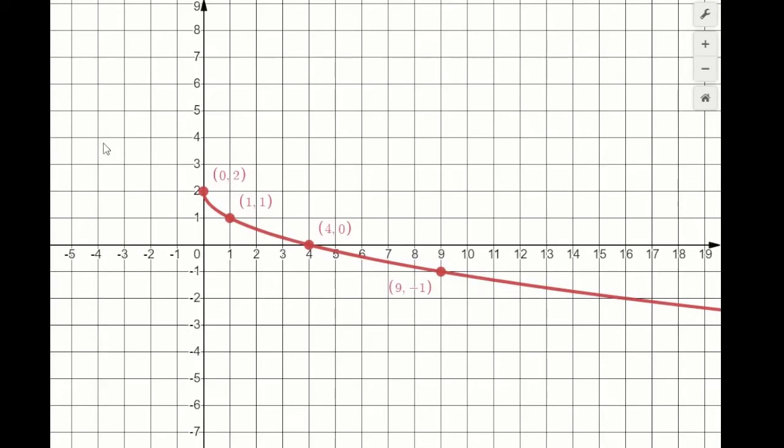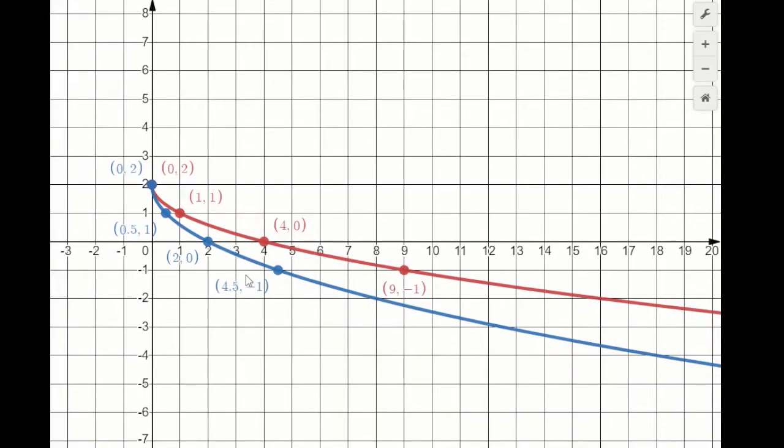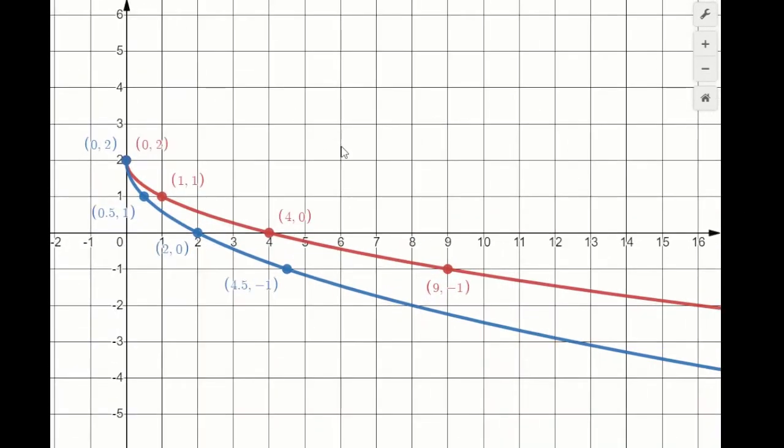Let's look back at g of x. I'll just pick it randomly. This is the graph for g of x, and these are the guiding points right here. I'm trying to explain what it means by compressed by absolute value of 1 over a.